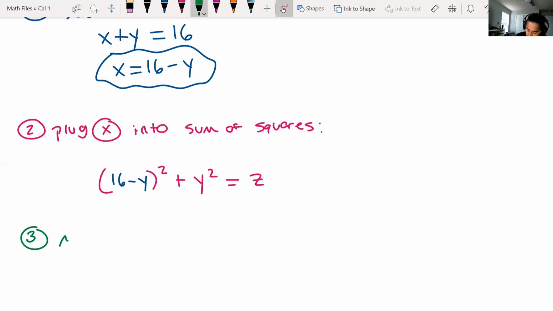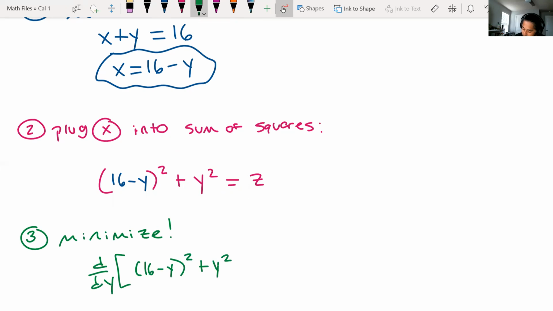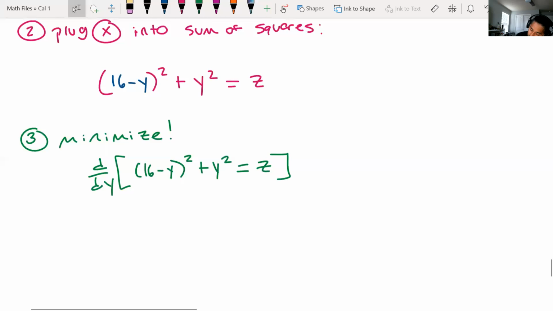So step 3, we're going to minimize. So d over dy of this whole thing, 16 minus y, squared, plus y squared equal to z. And first one is chain rule. So you'll get the derivative of the outside, 2 times 16 minus y, times the derivative of the inside with respect to y.